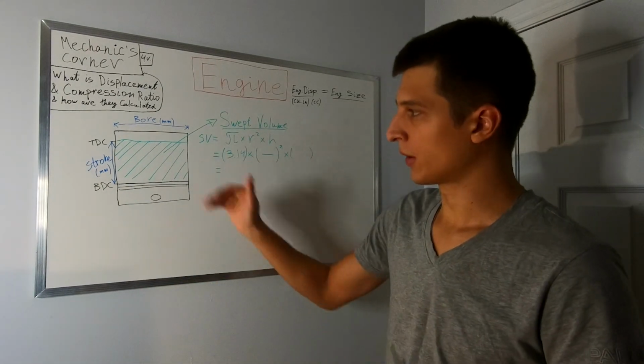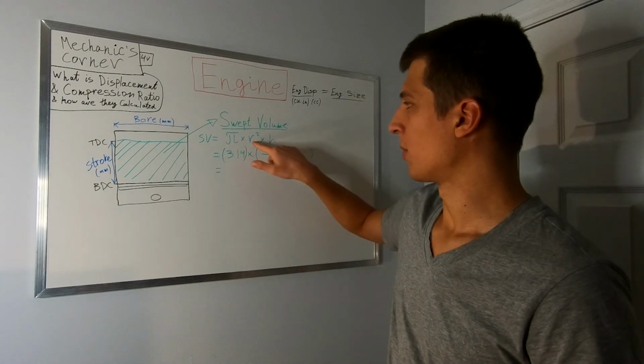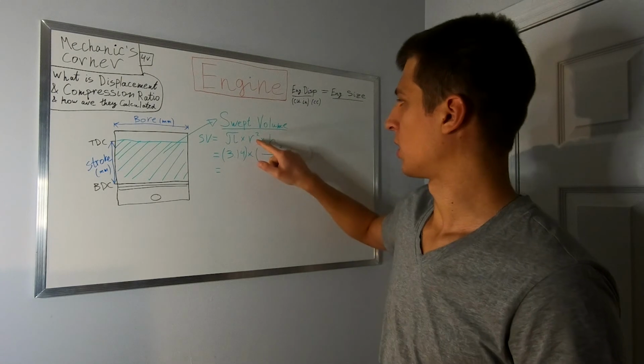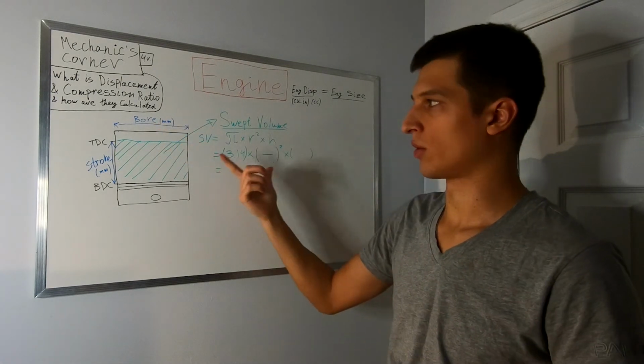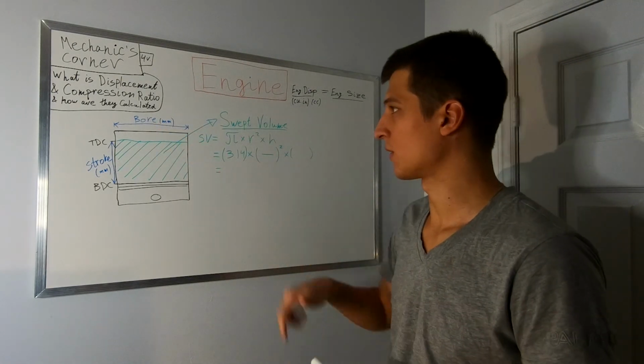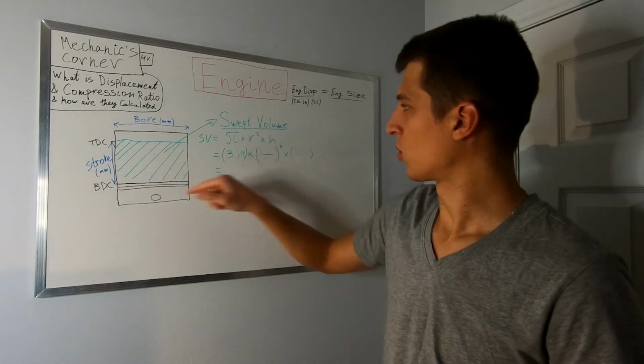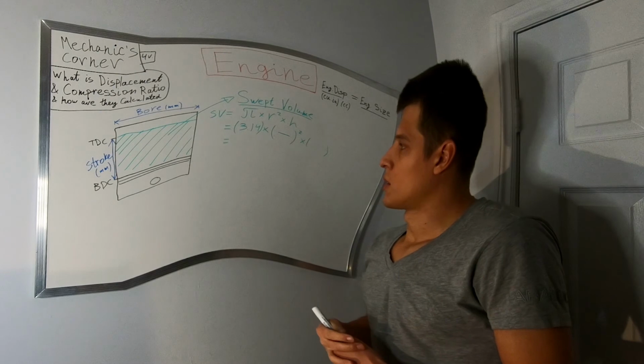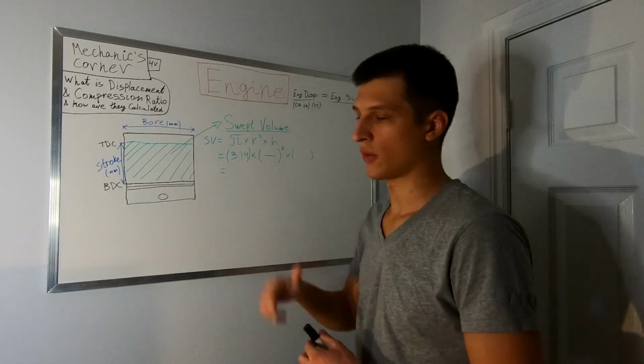And in order to calculate that, we would need the bore, which is the diameter, or diameter divided by 2 is the radius, the stroke, which is the height, and the pi number, which is 3.14 pretty much.